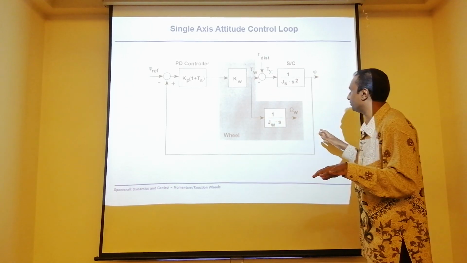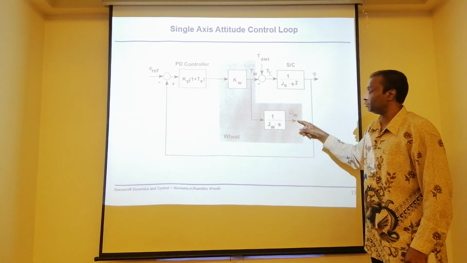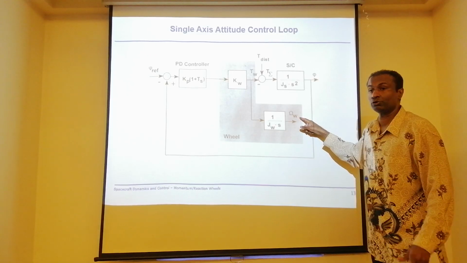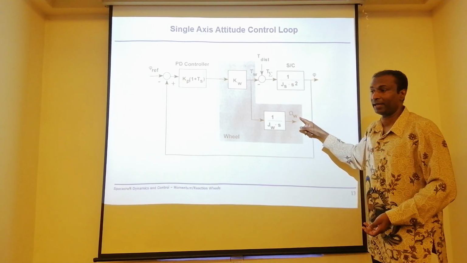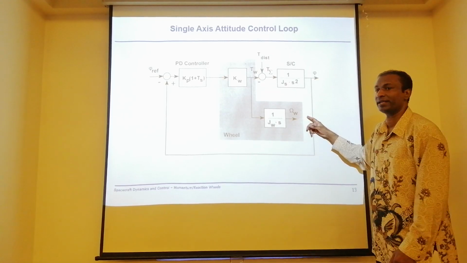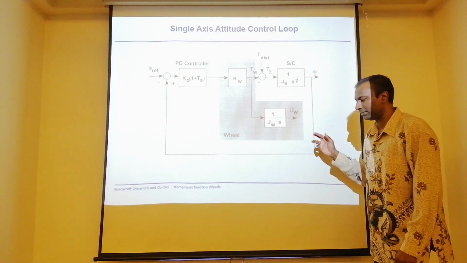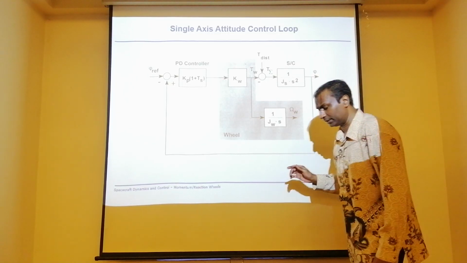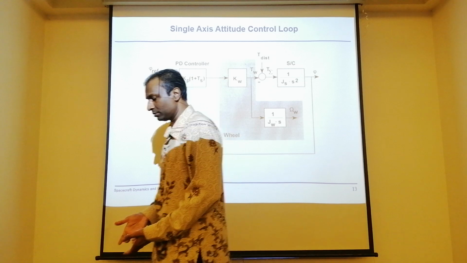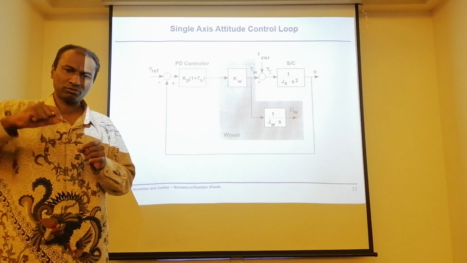Very easy, straightforward. This gives you the actual wheel speed here. So what is the maximum wheel speed going to be? Let's say I have 5000 RPM, maybe it goes up to about 4800 RPM. I cannot go higher, so I need to do something. Okay, now remember this. When you want torque from wheels, you keep on accelerating the wheel, meaning the acceleration goes higher and higher.